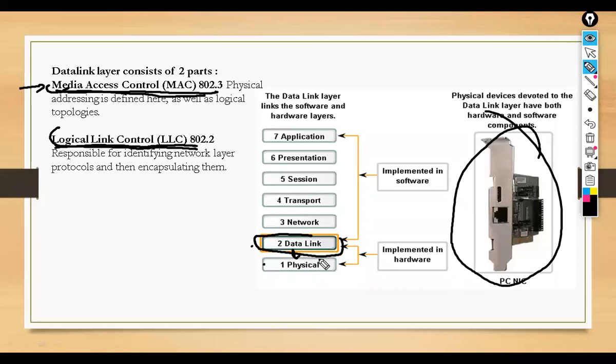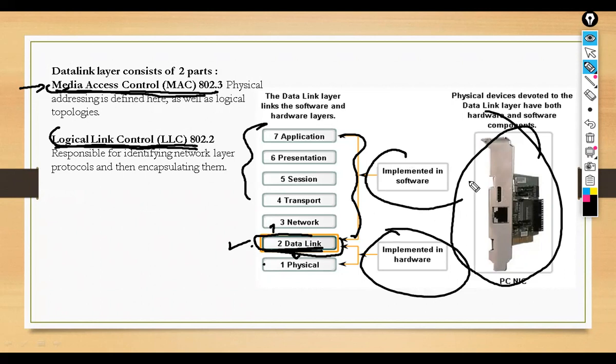So they are getting in touch with the physical layer as well as the upper layers. Upper layers in the sense of the network layer, the transport, the session, and so on. The data link layer acts between the physically implemented hardware and the software.